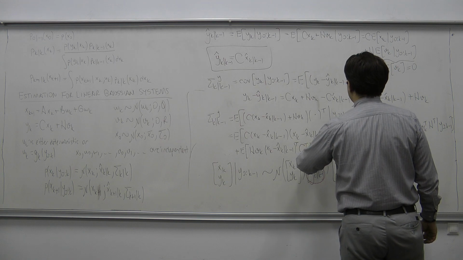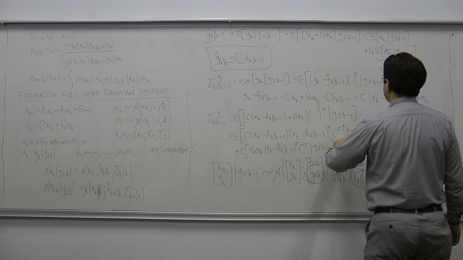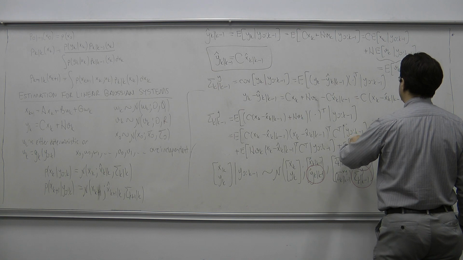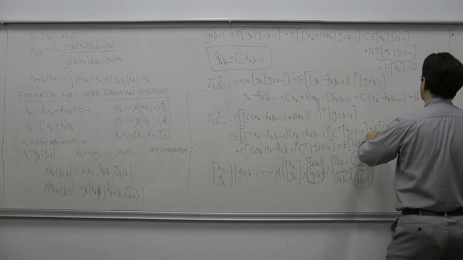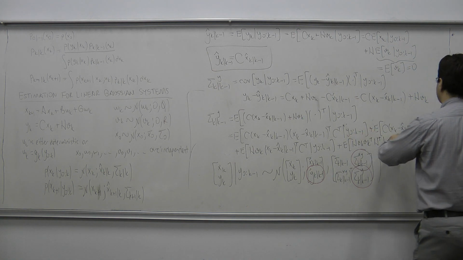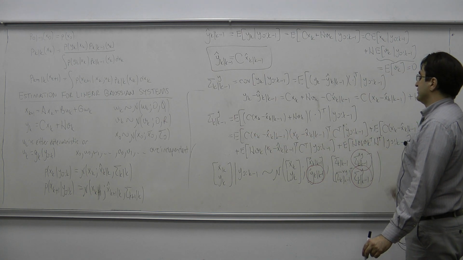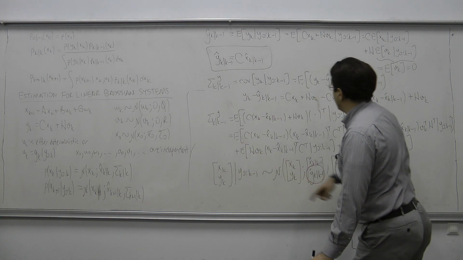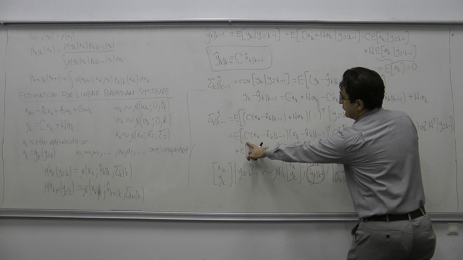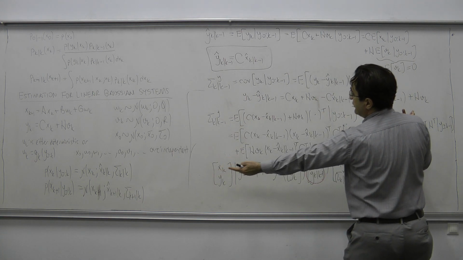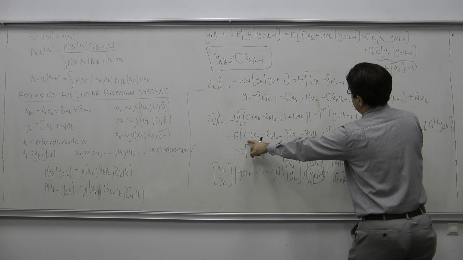Given y0 to k minus 1, I would have the expected value of H vk, vk transpose, H transpose given y0 to k minus 1. So now let us look at this quantity here. The expectation of C and C transpose can go outside the expectation because these are deterministic.